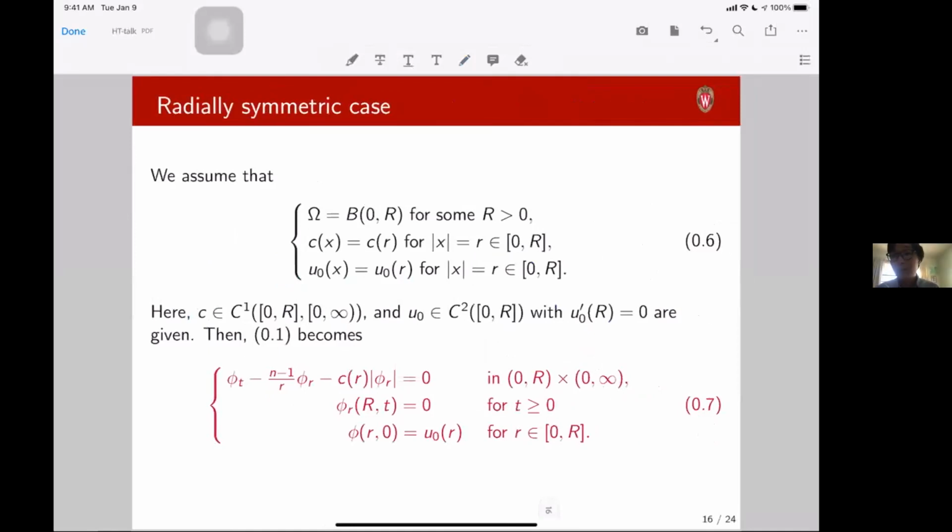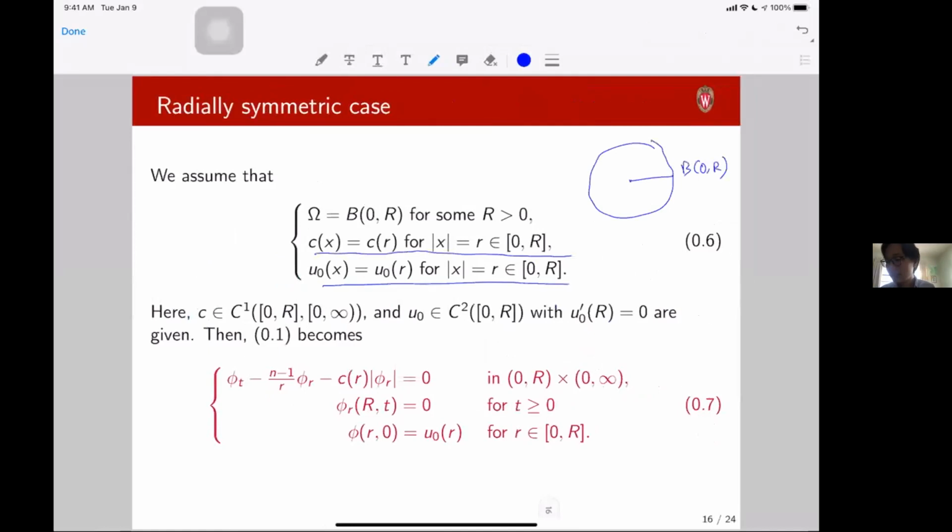One case where we can understand deeply the behavior of the limiting solution is the radially symmetric case. Omega is a ball, and everything is radially symmetric. C just depends on the radius r, and u is also radially symmetric.